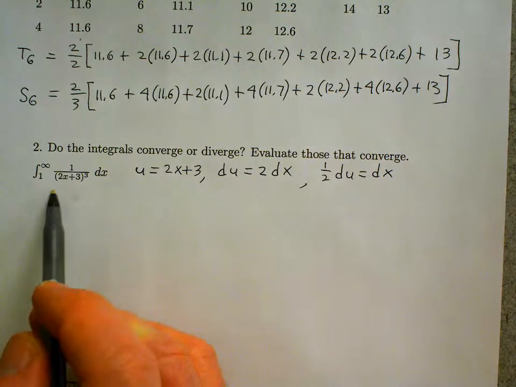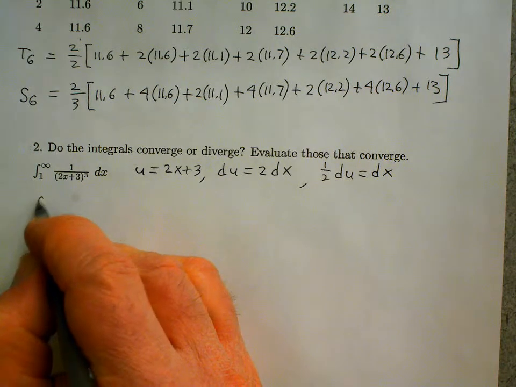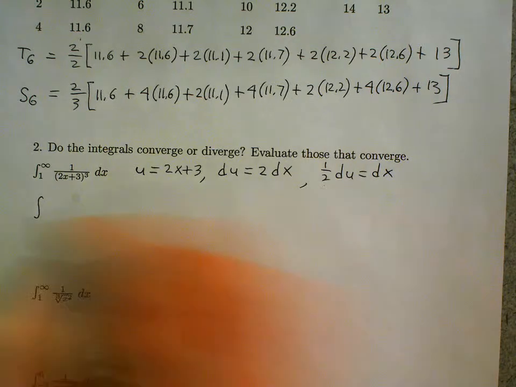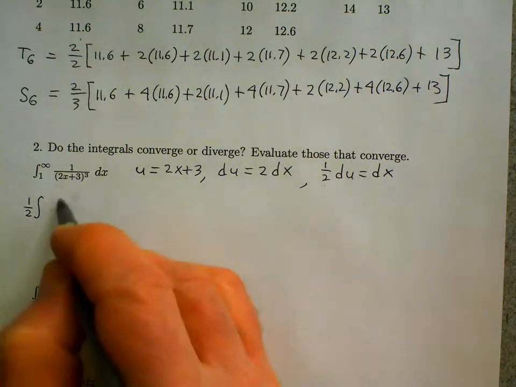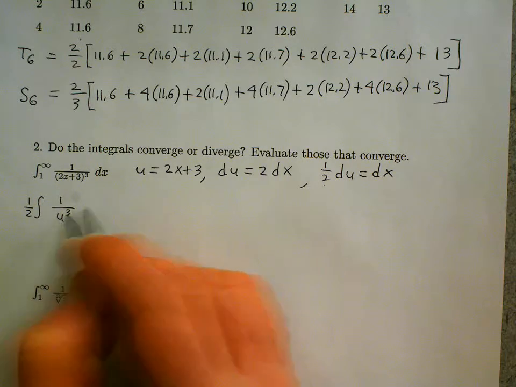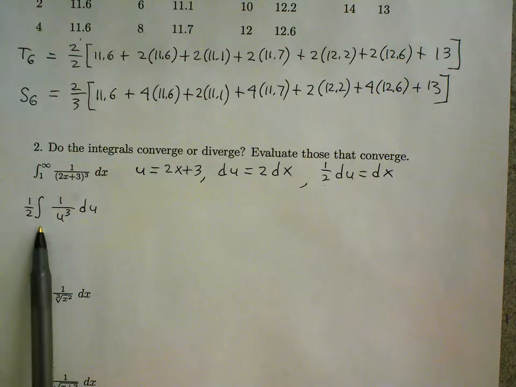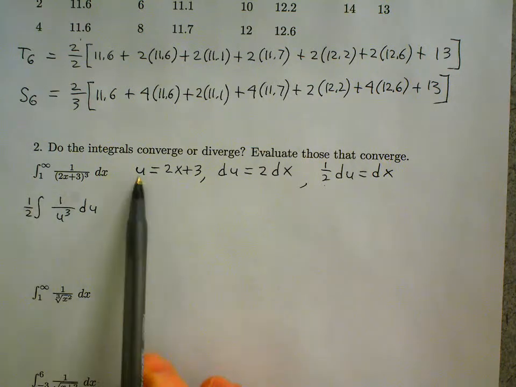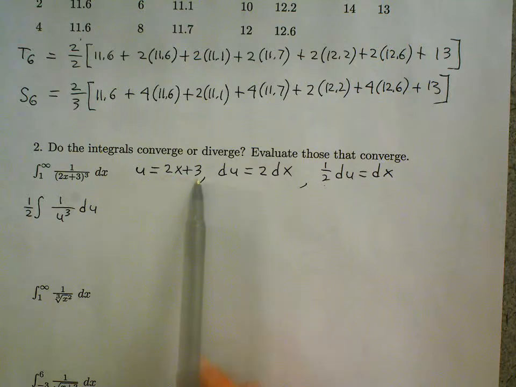Then we can rewrite this improper integral. We have a factor of 1/2 out front, and the integrand is 1 over u to the third du. The lower limit: when x is 1, the u value is 2 times 1 plus 3, or 5.